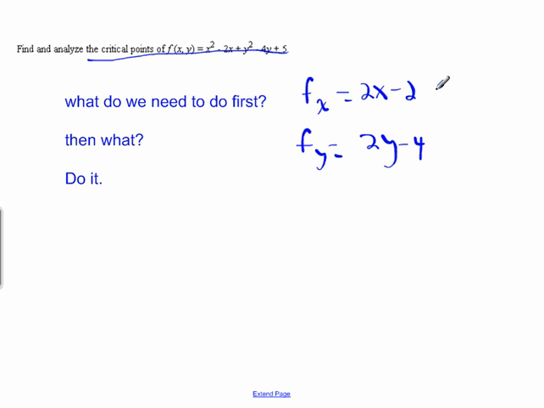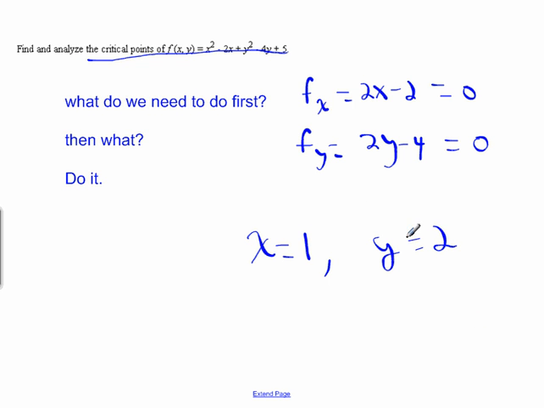And we need to set these equal to 0, because when these equal 0, we are going to have a local max or min. So this is going to occur when x equals 1 and when y equals 2.